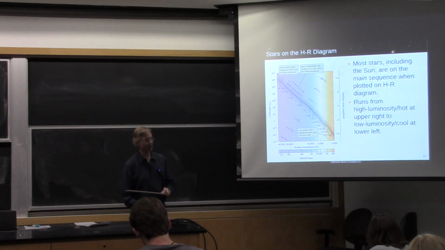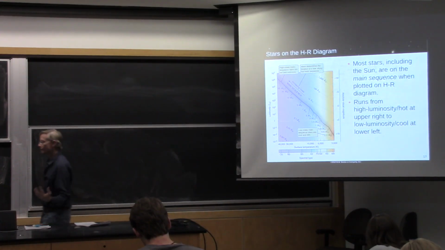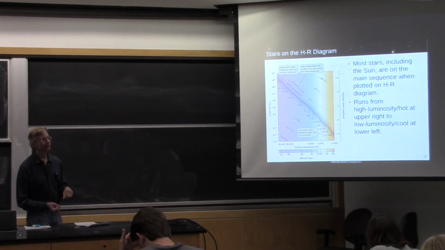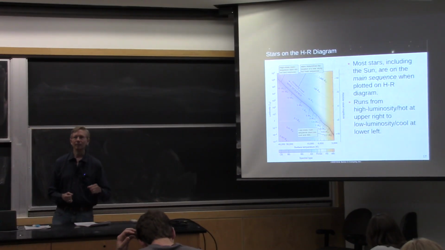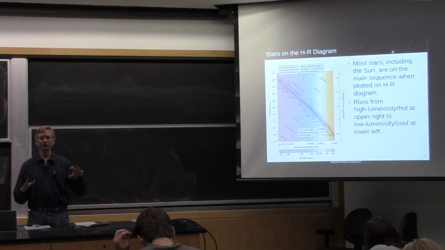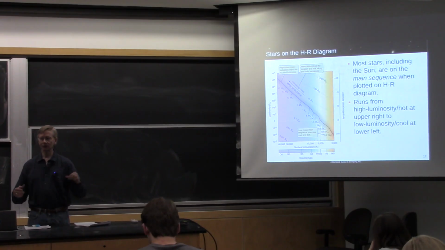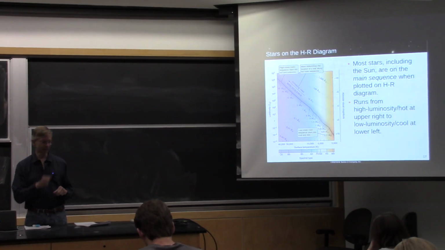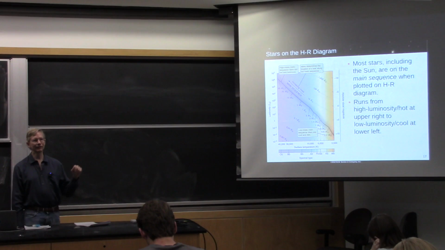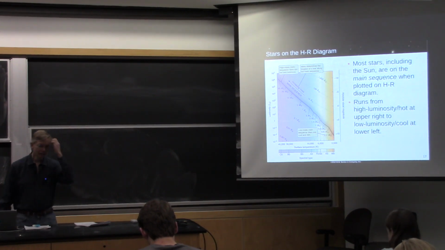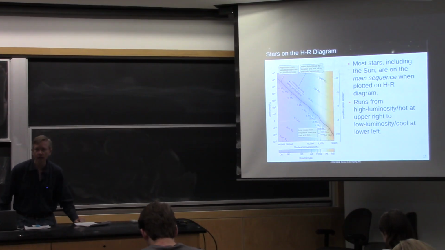Mass determines the location of a star along the main sequence. It's by far the most important thing. The star's chemical composition plays some role, but not nearly as much because all stars are almost entirely made of hydrogen and helium, so the rest are details. Remember, a star is, if you will, a battle between the inward pull of gravity and the outward push of pressure.